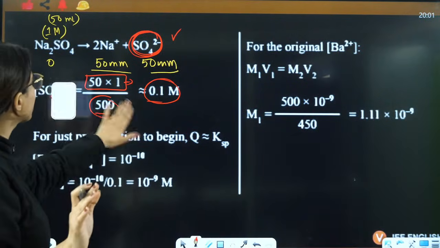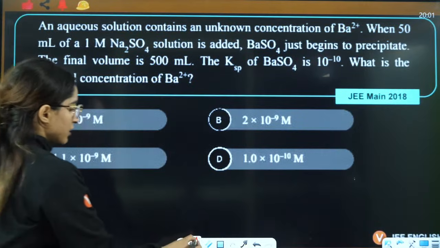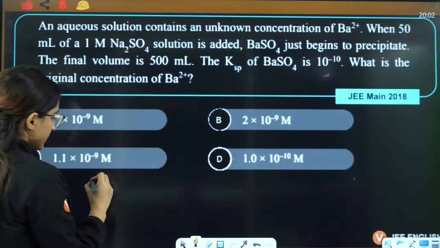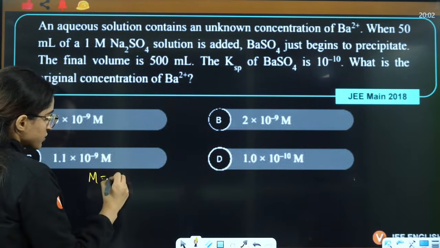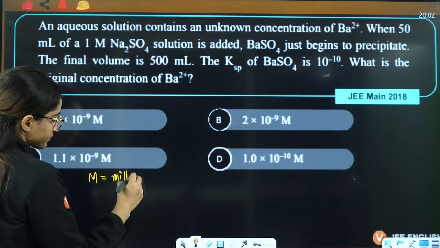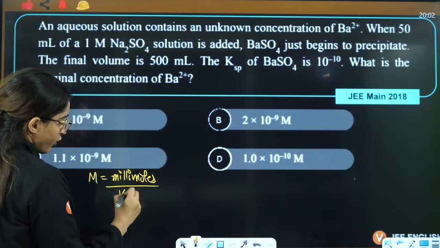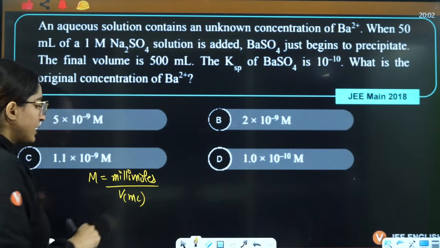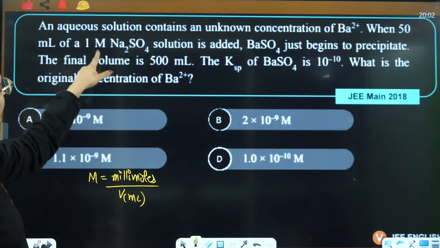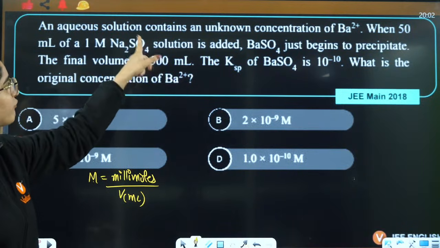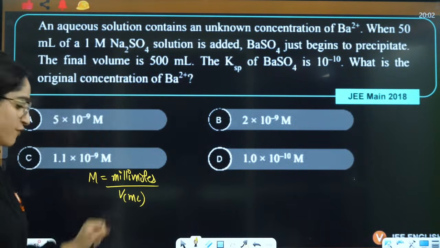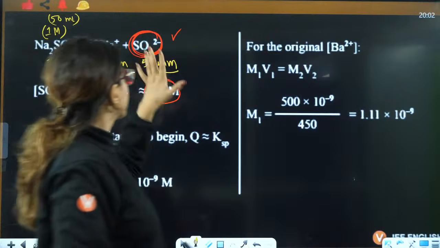We have just applied this particular formula here, that molarity equals millimoles divided by volume in milliliter. So millimoles I have calculated by multiplying molarity into volume of Na2SO4, that is 50.